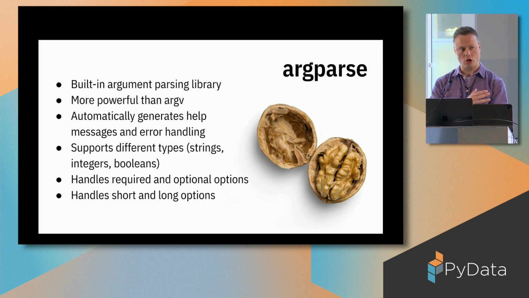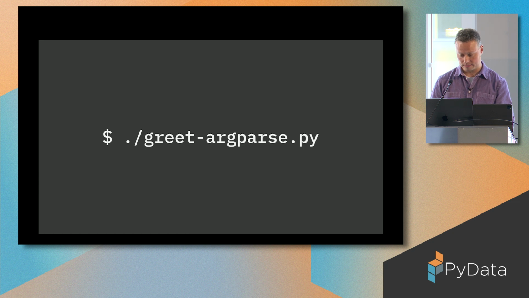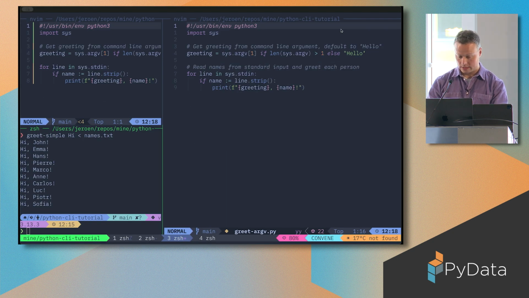You can denote whether your arguments should be optional or required. It can do some post-processing: if you indicate that something is a Boolean, you can actually use it as a Boolean instead of first parsing a string. It handles short and long options. Let's have a quick look at what that might look like.